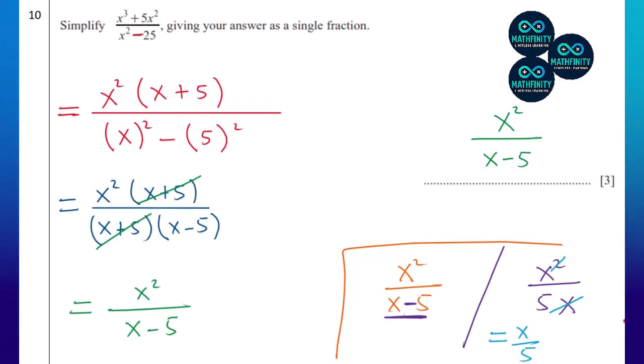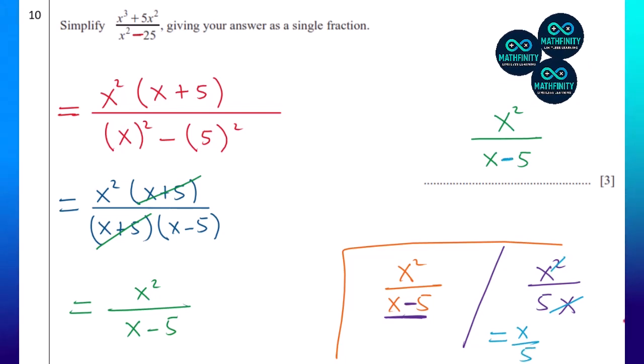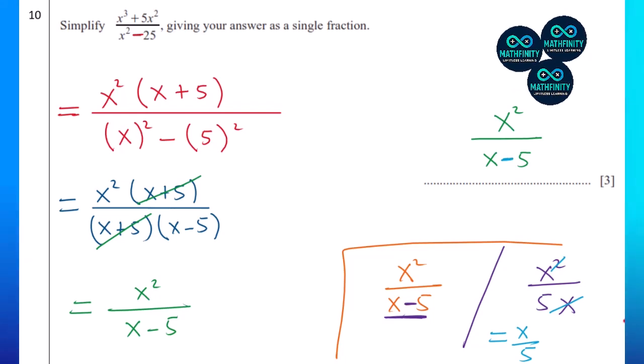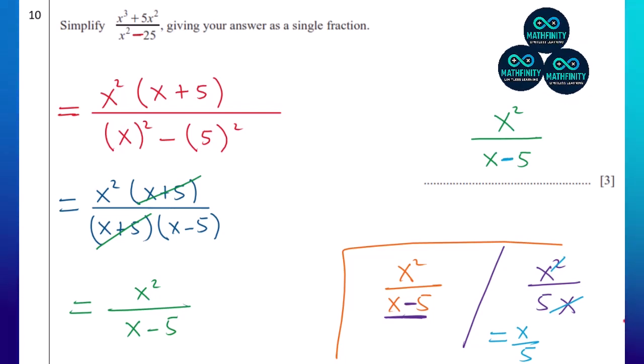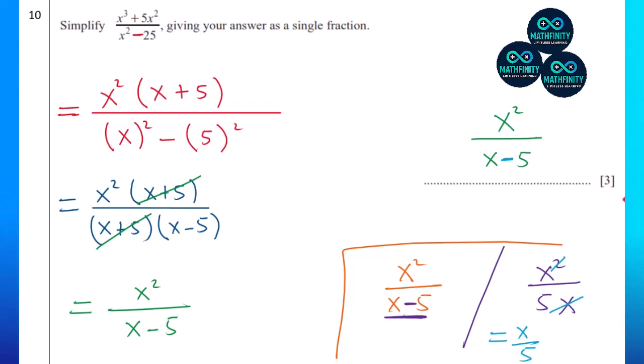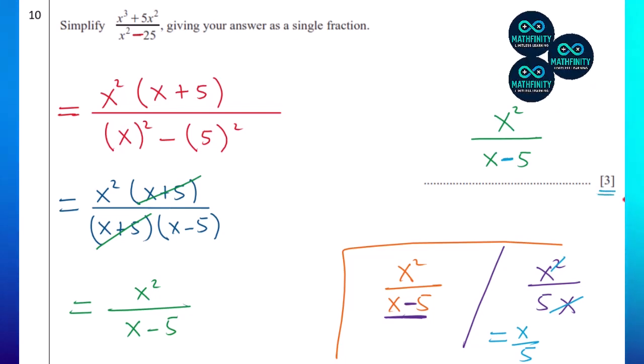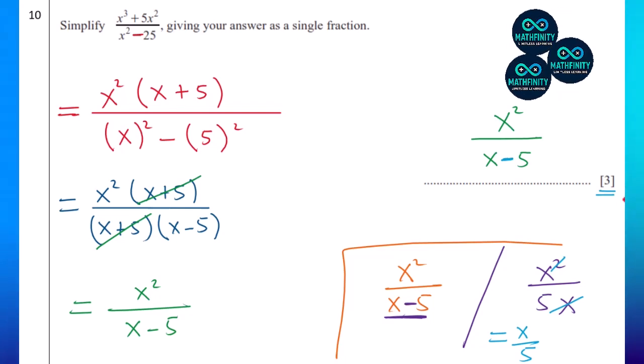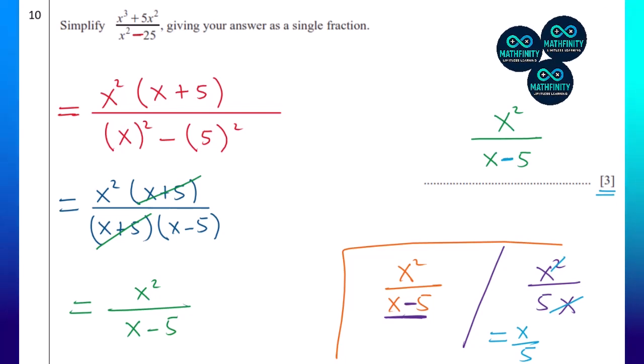Please take care about this issue: if there is addition or subtraction, like in this case x minus 5, you cannot cancel x from the numerator with the denominator. Hopefully you understand this one. If you have any doubt or confusion, you can discuss with me. Okay, take care. Thank you.